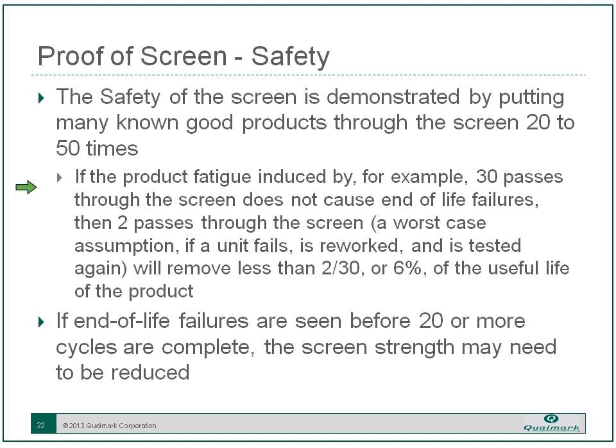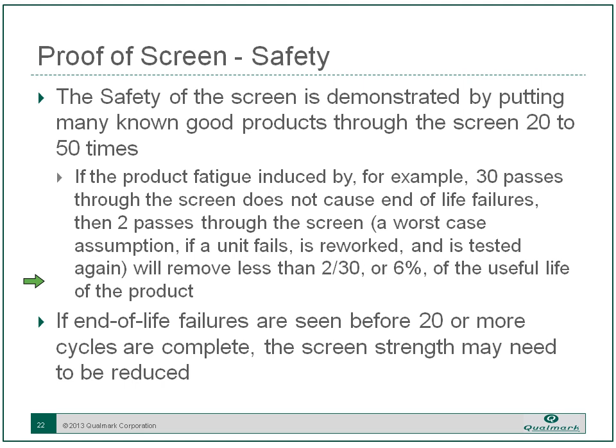If you find, at the end of 30 passes, that the screen has not caused end-of-life fatigue, wear-out type of failures, then you have some confidence that 2 passes through the screen, that's kind of a worst-case assumption, where it fails, gets run through again, you will remove less than 2/30 or 6% of the useful life of the product, and that's quite tolerable.